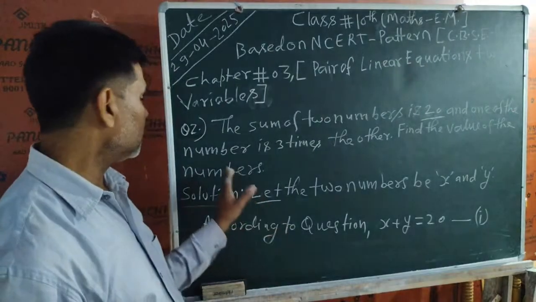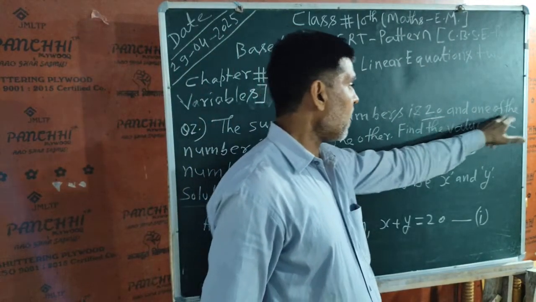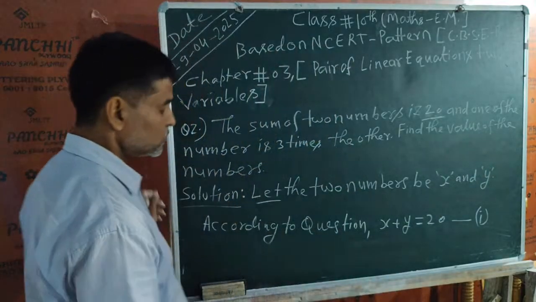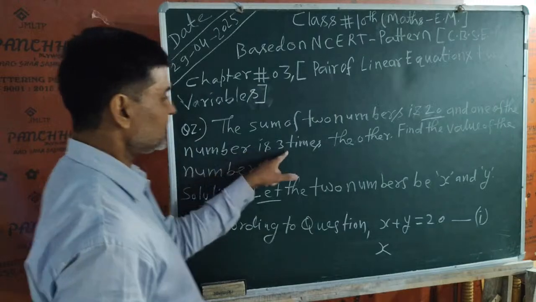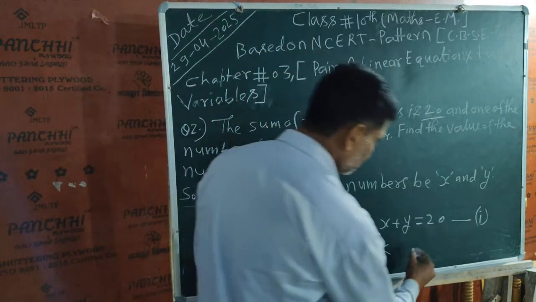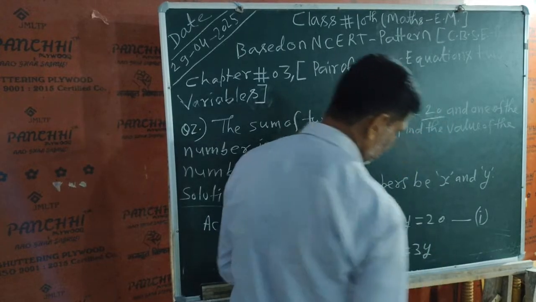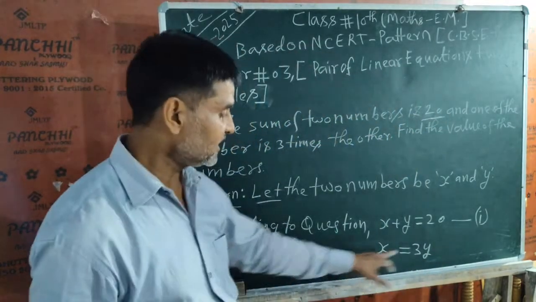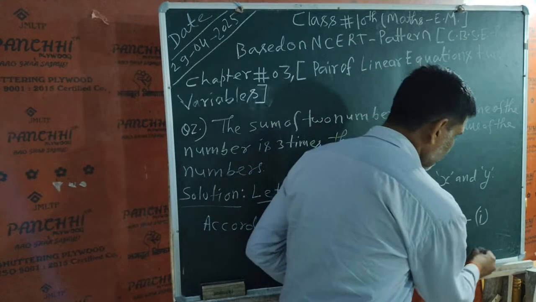Now I am going to read the other statement. One of the numbers, so one number I am going to take x, is 3 times the other number, which is y. So this information, one number is 3 times the other, is another equation. This is another condition.